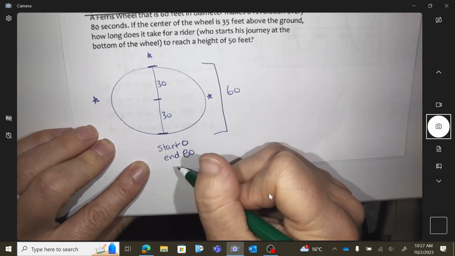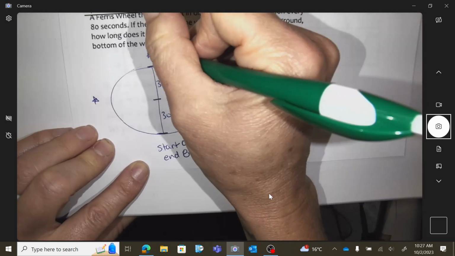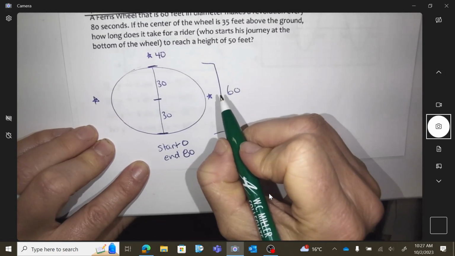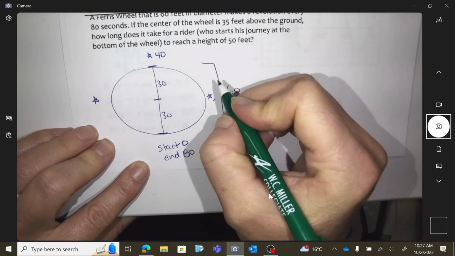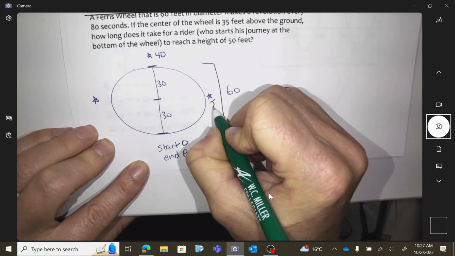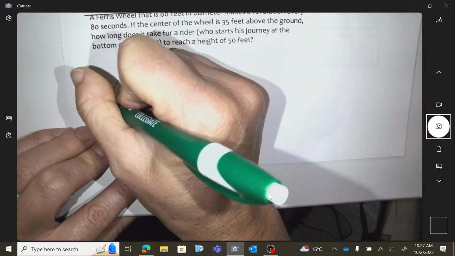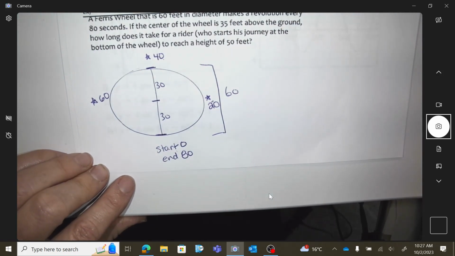What would be the time of the ride when you're at the very top? 40. What would be the time when you're exactly on this side? 20. So 20, 40, 60, 80. Does that make sense with time?